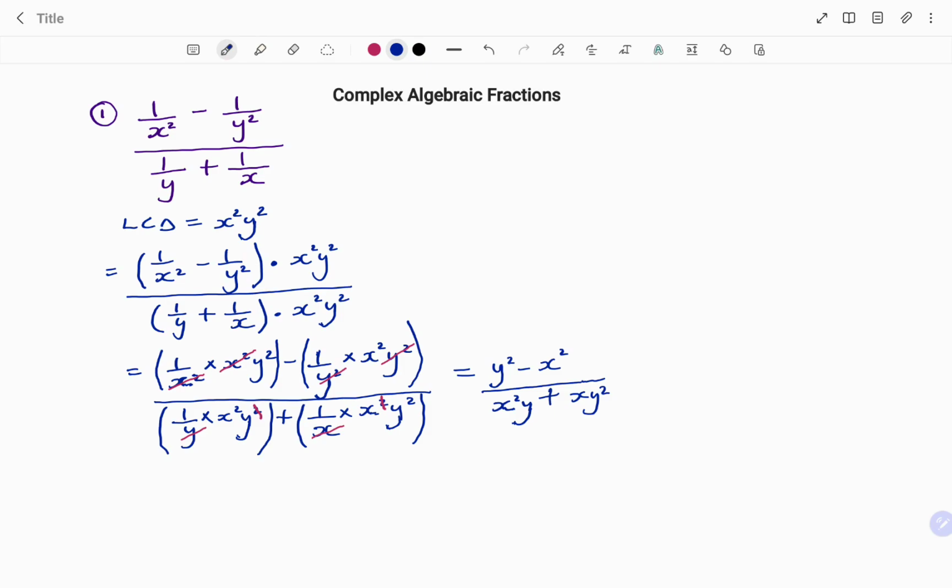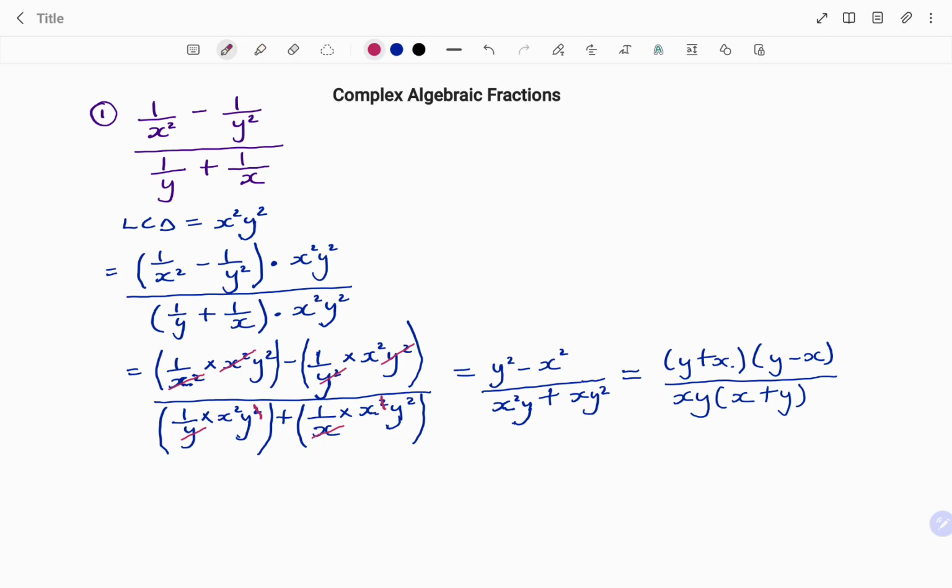Still in the process of simplifying, if you observe, the term at the top of our numerator, that's a difference of 2 squares, factorizing, that will give us y plus x and y minus x. And for our denominator, taking out the common factor, which is xy, we are left with x plus y.